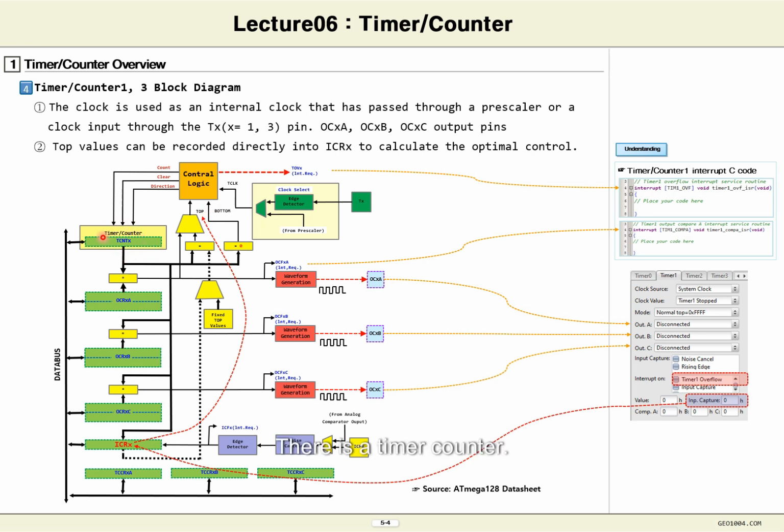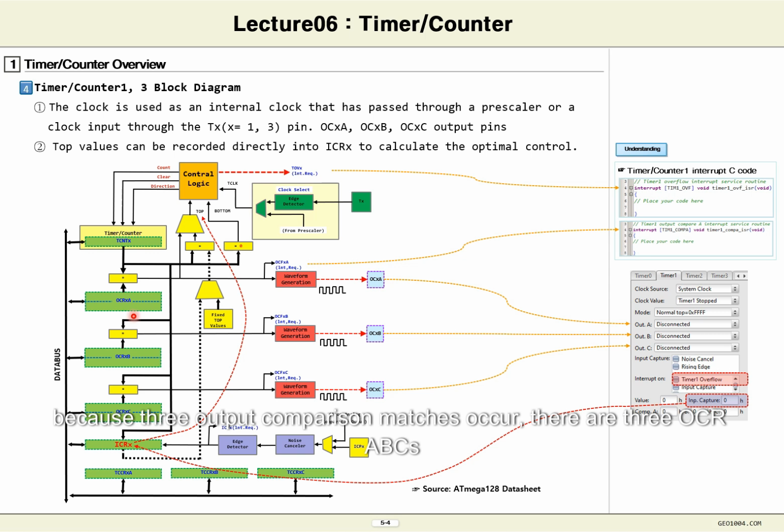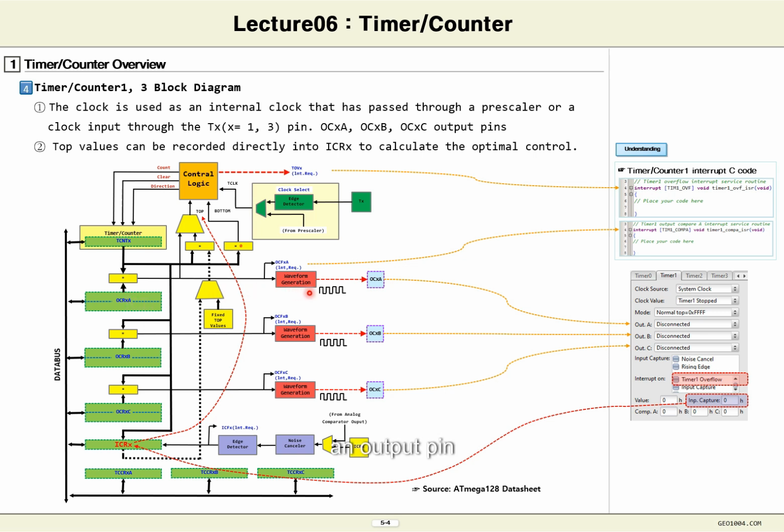There is a timer counter. And, because 3 output comparison matches occur, there are 3 OCR ABCs. Like this. Each OCR has an output pin that can generate an external output waveform.